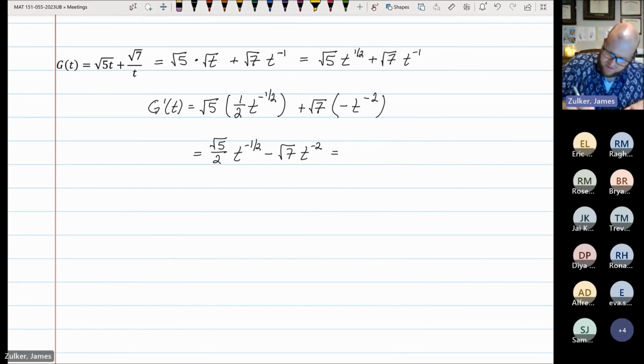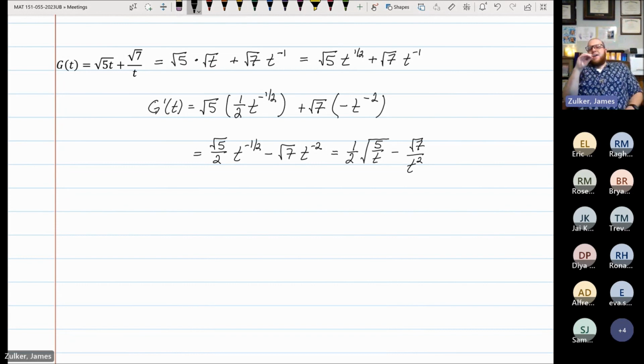Okay, perfect. So we write this as 1/2 times the square root of 5 over t, and then minus root 7 over t squared.